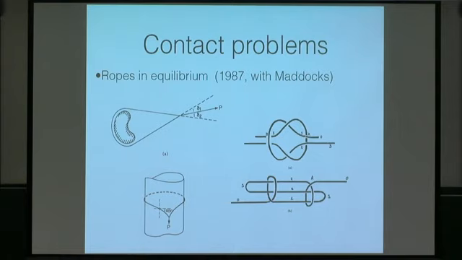It's also the first time in Joe's work that he looks at Kirchhoff rod models, really three-dimensional equilibrium of rods. And I think, and John can confirm, that it was brought by John from his thesis to Stanford.